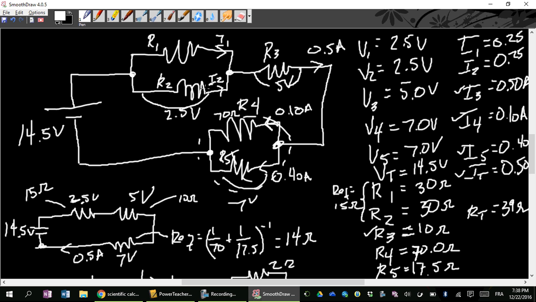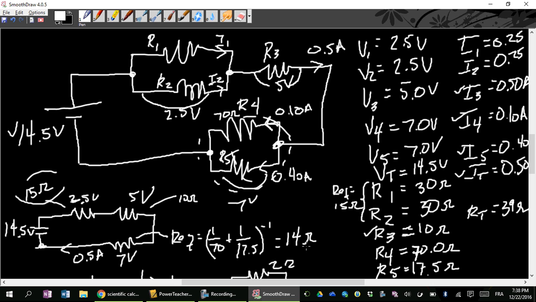29. Let me redo my steps. So 29 ohms. Did I make a mistake on my calculation here? Let me just go back one step. So that was correct. Where did I calculate this? That was here. And I found my R equivalent for this.